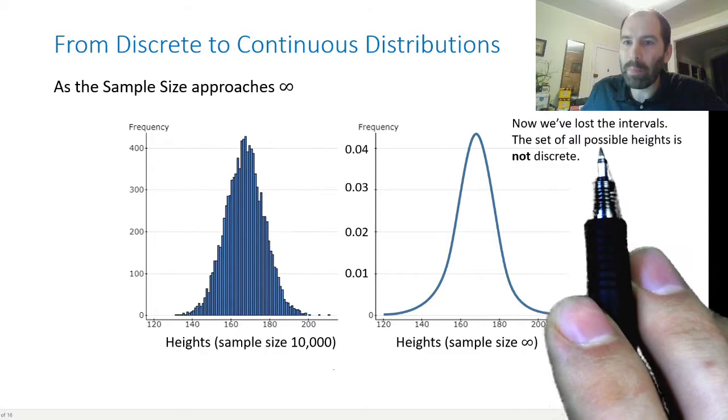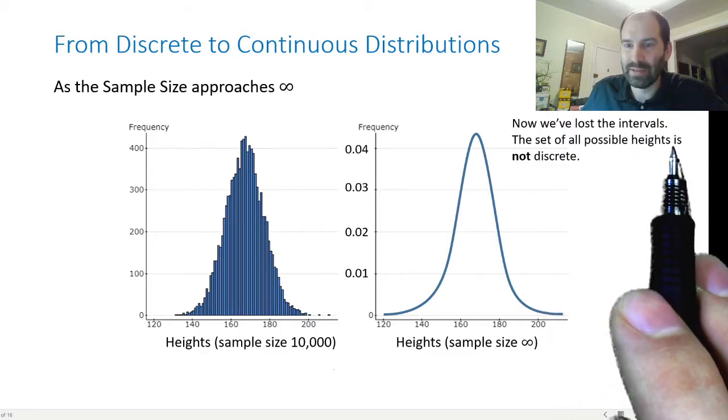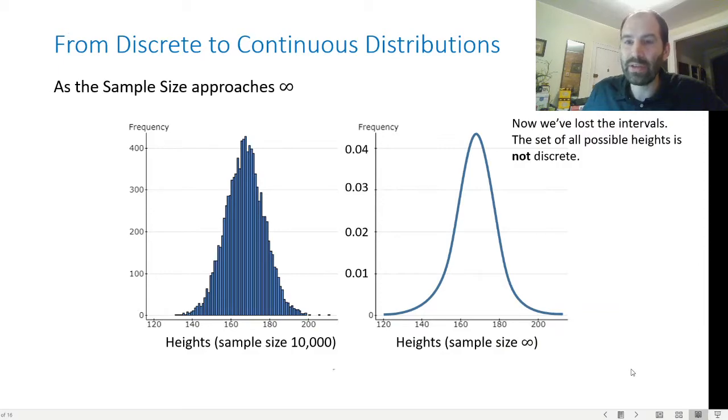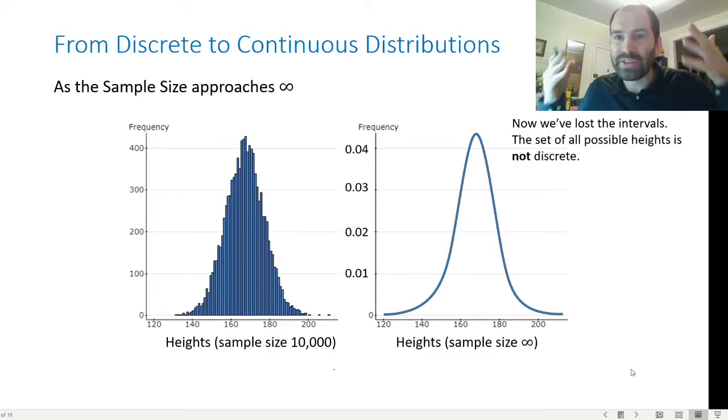The set of all possible heights, if I'm not grouping them into intervals, that's not discrete. They are too numerous to list. If you think about it, if I was to try to list all possible heights, maybe 161.345 centimeters, then 161.349 centimeters, then I try to list them.